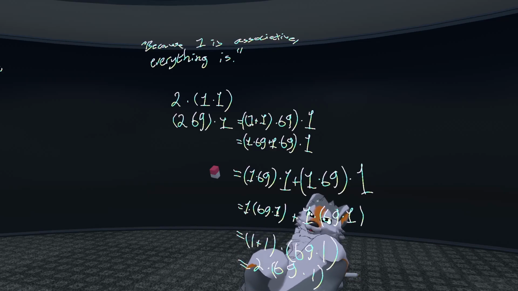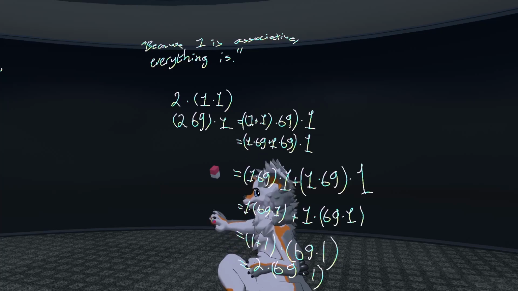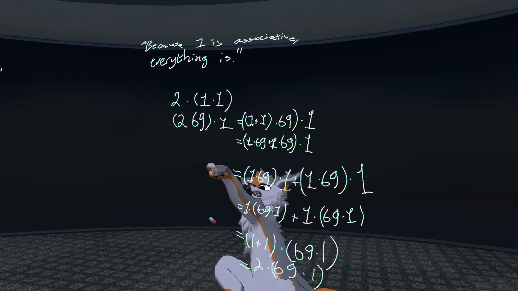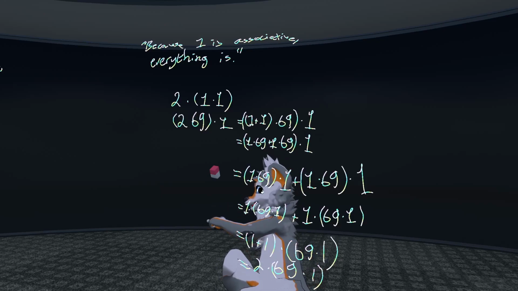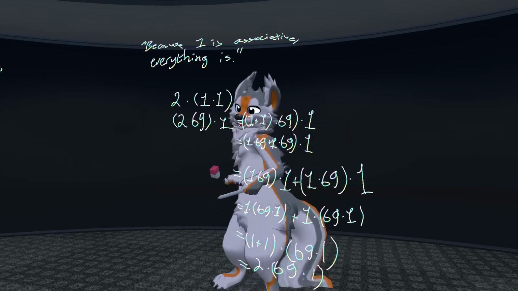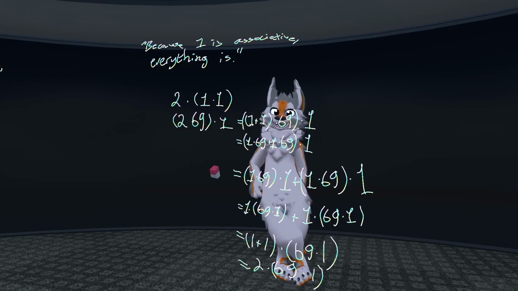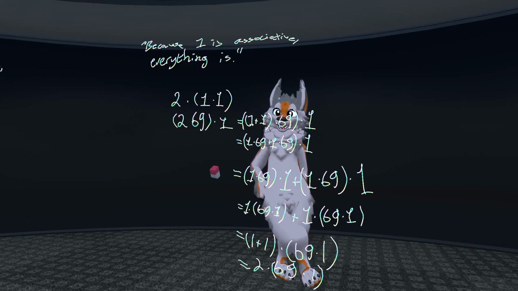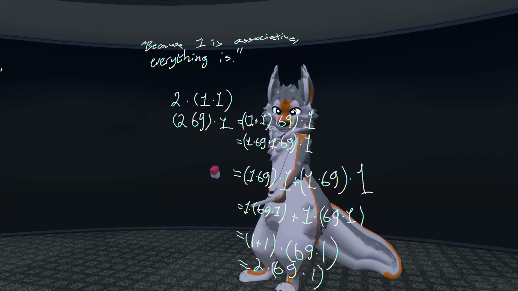And notice that we can generalize this argument for the triple 3, 69, 1 as well. Because if we had 3, 69, and 1, then in that case we would basically have an additional one of these terms, right?